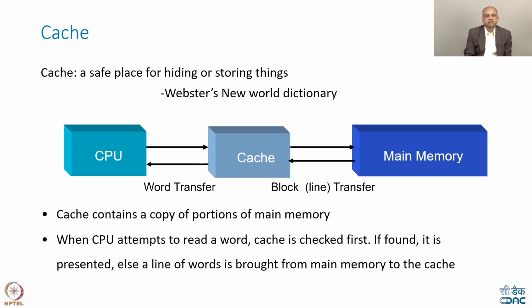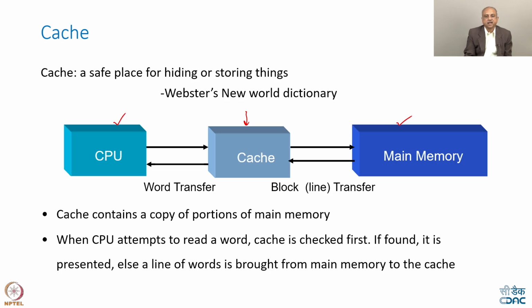Now let us see how cache is implemented. The word cache originates in the dictionary as a safe place for hiding or storing things. However, in case of hierarchical memory, the cache memory sits in between the main memory and the CPU. Its purpose is to act as a sort of fast buffer between the CPU and the main memory.